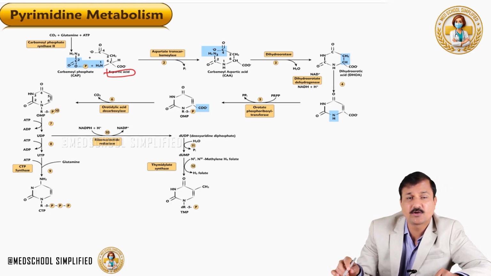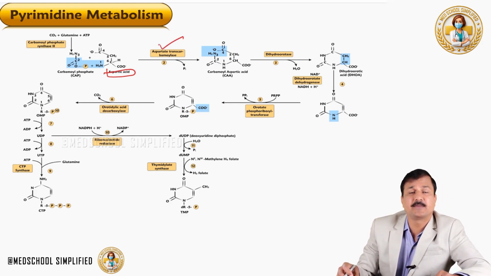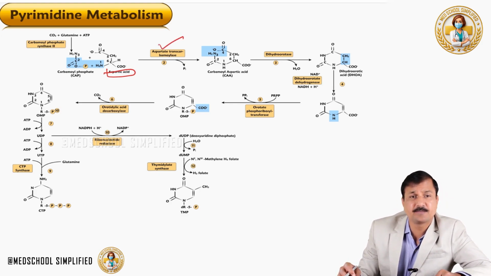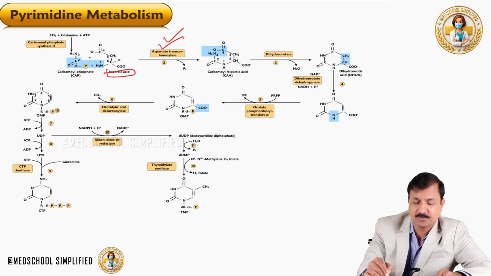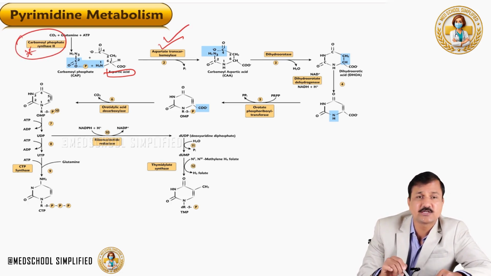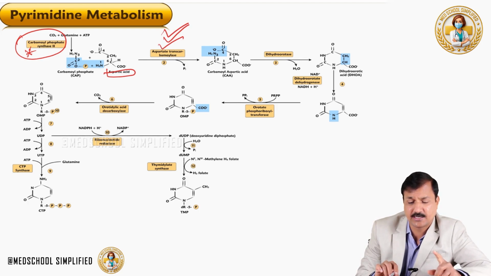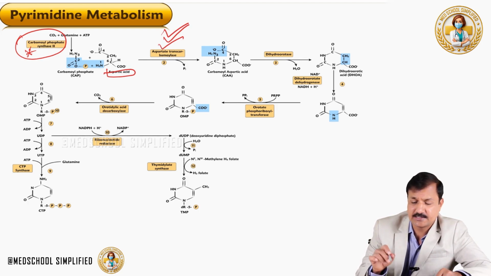Almost the entire molecule of aspartate is added onto carbamoyl phosphate, done by the aspartate transcarbamylase enzyme. It is the intermediate step in pyrimidine biosynthesis, and it is the rate determining enzyme. The most regulated enzyme is carbamoyl phosphate synthetase 2, whereas the rate determining, or committed, step is catalyzed by aspartate transcarbamylase.